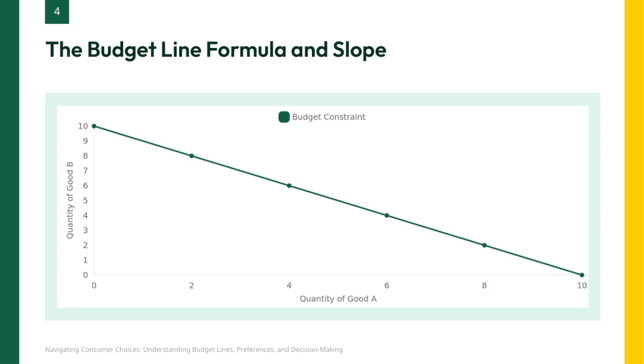As the quantity of good A increases, the quantity of good B decreases, which is why the line slopes downward. This slope represents the trade-off between the two goods, essentially how many units of good B must be given up to purchase an additional unit of good A. Understanding this trade-off is crucial for analyzing consumer choice and optimizing utility within budget limits.